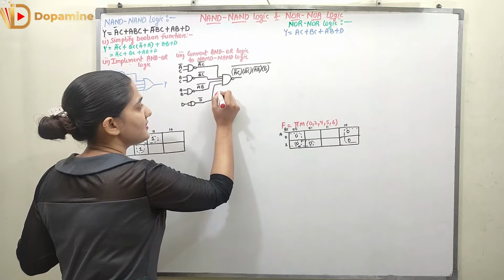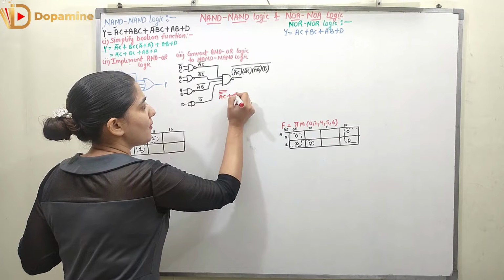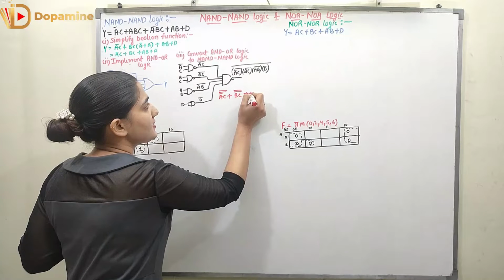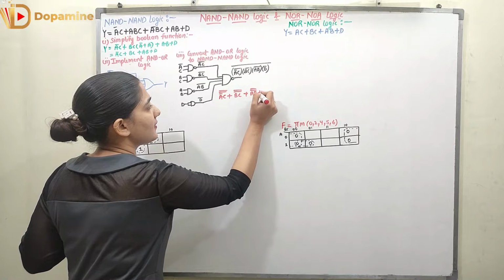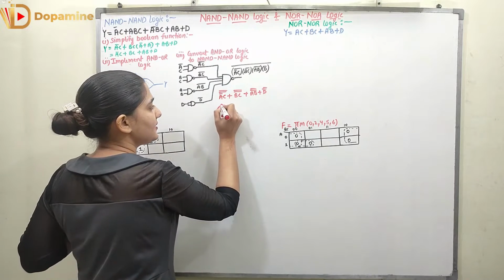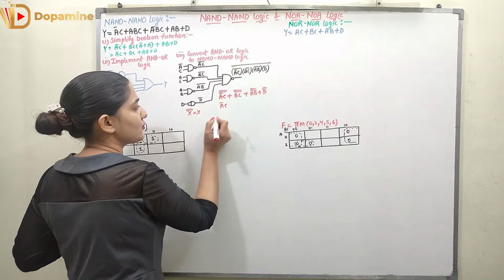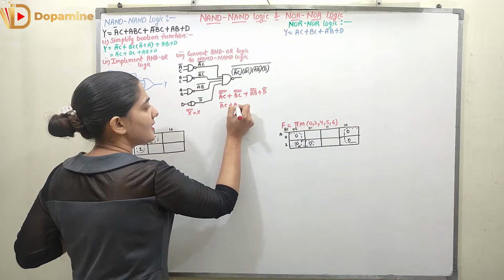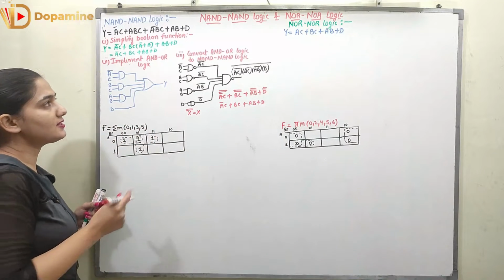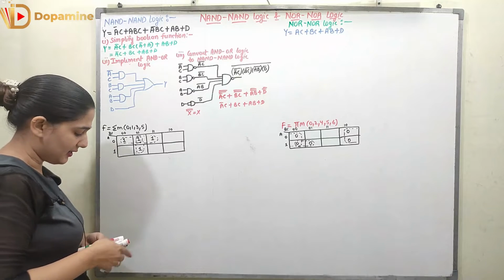So it is a bar c double bar, this product will come into the addition form, then bc double bar, plus ab double bar, plus d double bar. The double complement of anything is that thing only. So if I have double complement of x, I will get x only. So here I will get a bar c, here I will get bc, here I will get ab, and here I will get d. So this is how I can implement the given function using the NAND logic.